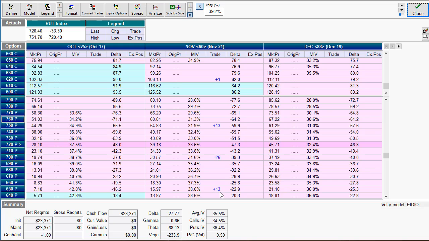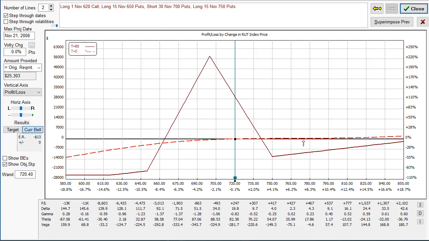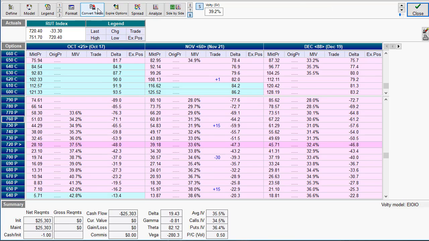So what we'll say is, well, maybe we'll just do 12. Let's do 12. No, that's even more. Oh, perfect. There we go. All right, so it keeps us above the T+0 line, but it gives us still a little bit of room to the downside.